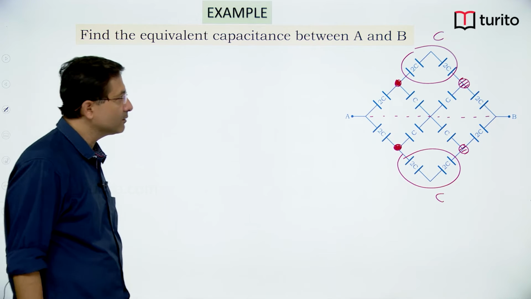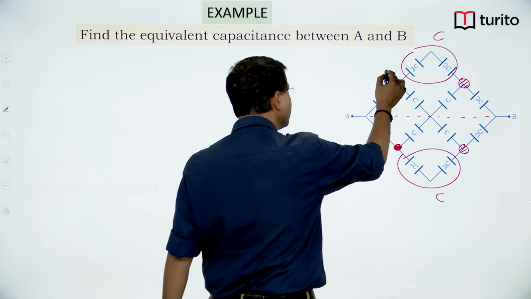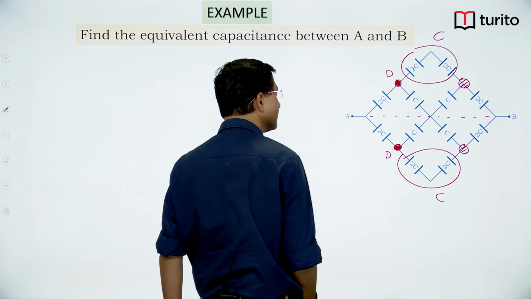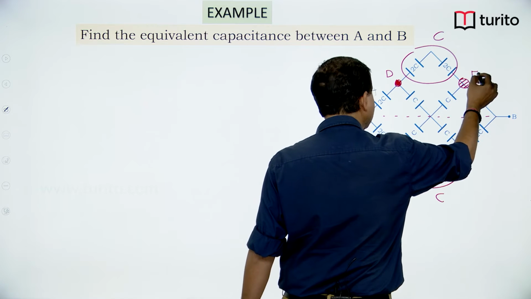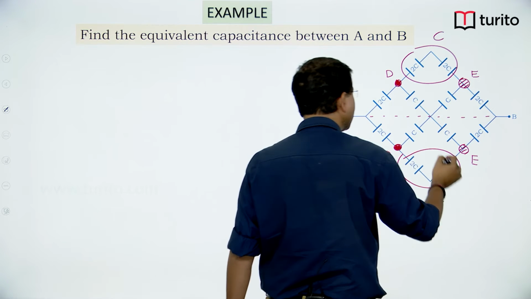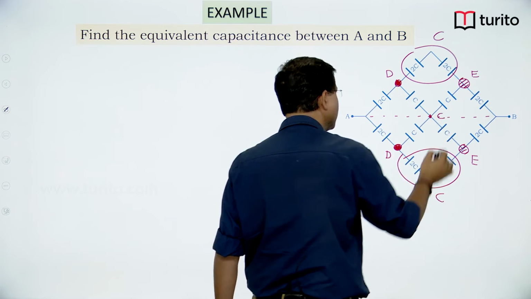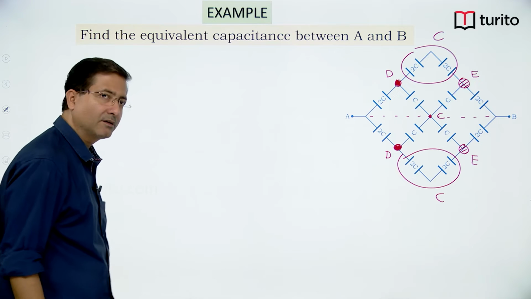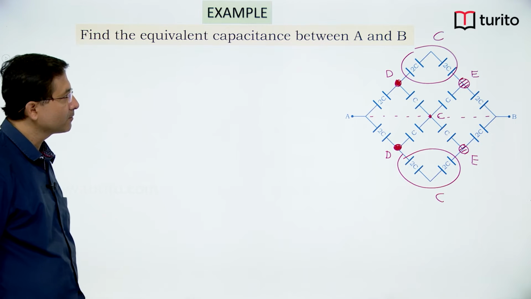So, let us name them. So, this is D, D, E, E, and let this be C. Okay, let us check whether we are getting the same result or not.